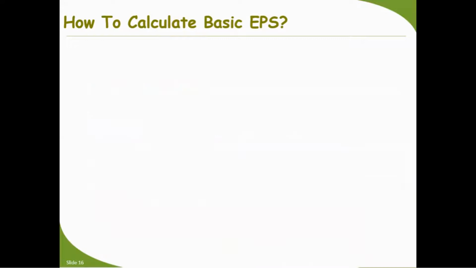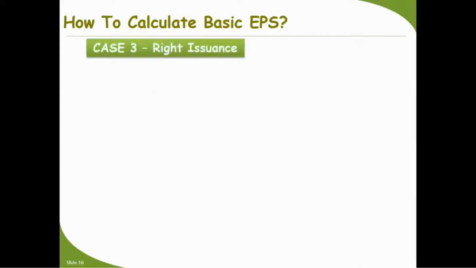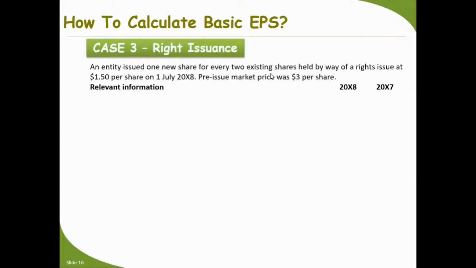Okay. Now this is the question. An entity issued 1 new share for every 2 existing shares held, so the ratio is 1 new share for every 2 existing shares, by way of right issuance at $1.5 per share. Pre-issue market price, called cum-rights price, is $3.